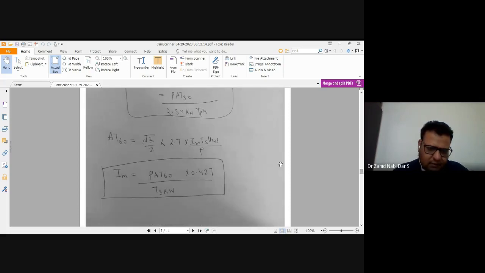See, the ampere turns at 60° would be root 3 by 2 into 2.7 Im T phase Kw by P.